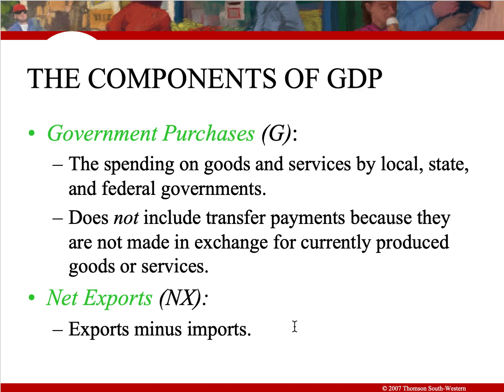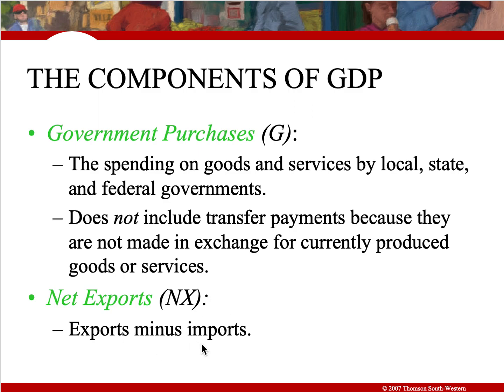The net export, as I mentioned earlier, basically refers to the difference between the value of a country's exports minus the value of the country's imports. So net export can be a positive value, a negative value, or zero. If export is greater than import, the net export value will be positive.